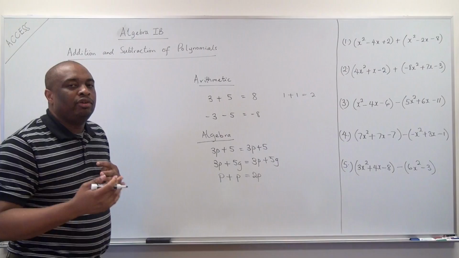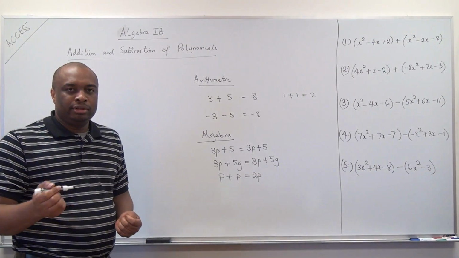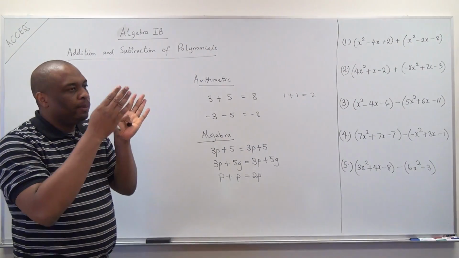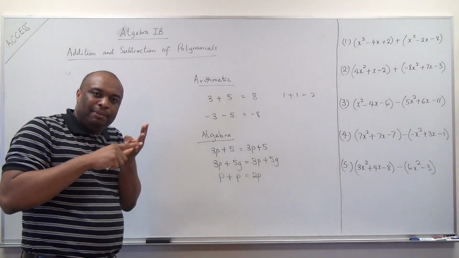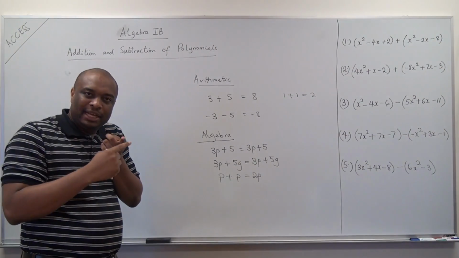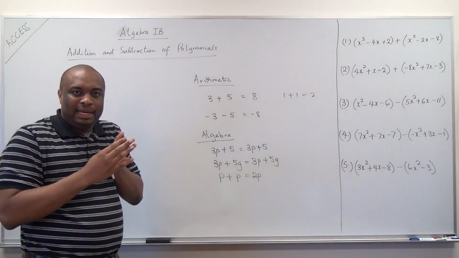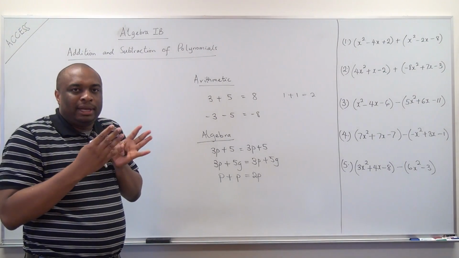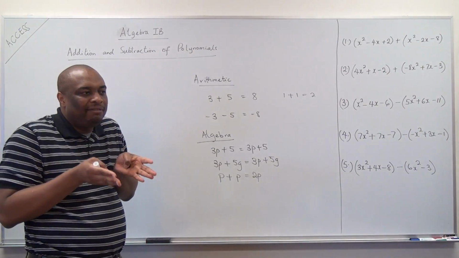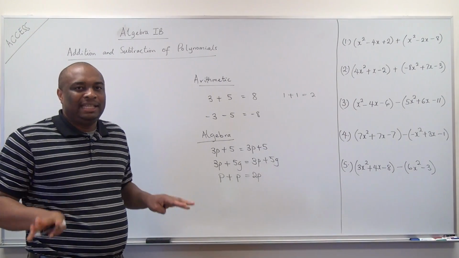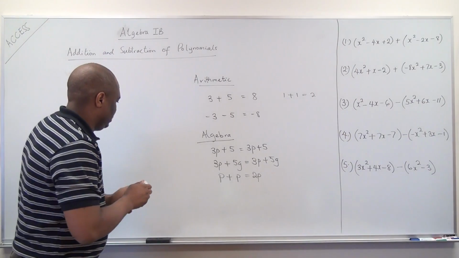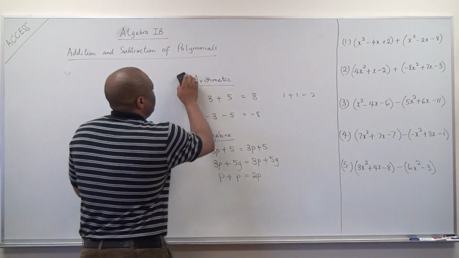Now, on a general note, when you see variables, they have the same base and the same exponent, that is when you can add them or subtract them. But if they have different bases or different exponents, just leave as is. So let me write this on a general note.